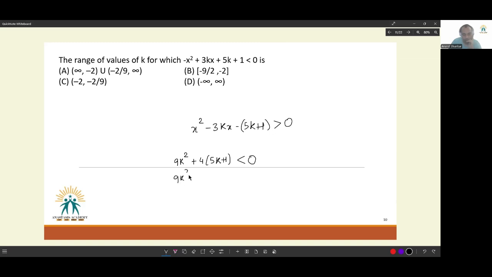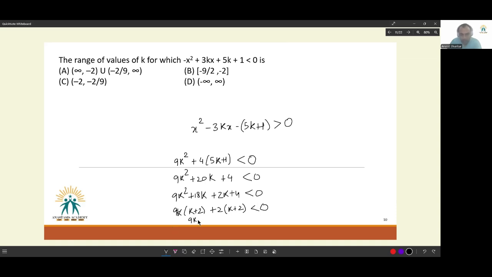So 9k square plus 20k plus 4 is less than 0, which will then give me 9k square plus 18k plus 2k plus 4 is less than 0. 9k taken out common, left with 2k, sorry, left with k plus 2 times of k plus 2 has to be less than 0.